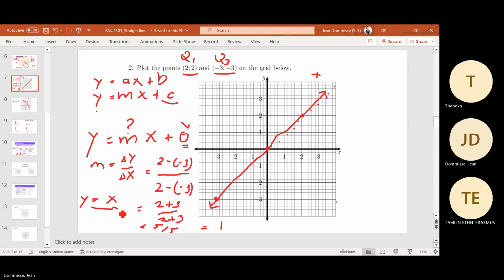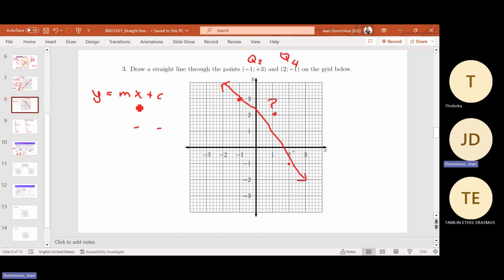So that would have been a way, by looking at the two numbers, plotting the two numbers, then working out the slope, that we have now done in the next section. And now we actually have created that equation for you. Okay, so the same we can do with this one.